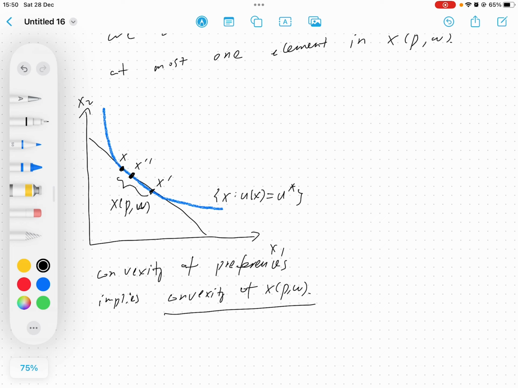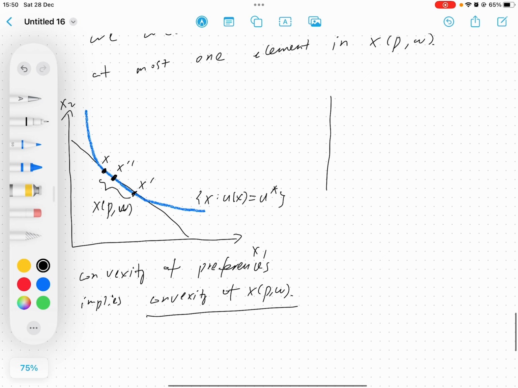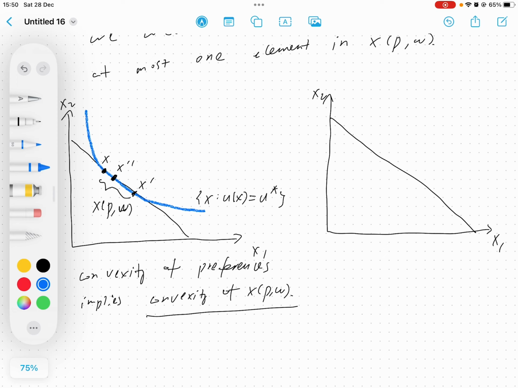Good. So how about the other case? Let's put this also on the figure. The strict convexity of the preferences, or strict quasi-concavity of the utility, which are essentially the same thing, imply that this X only has a single value. Let's suppose the budget is something like this, and this indifference curve would be something strictly convex.